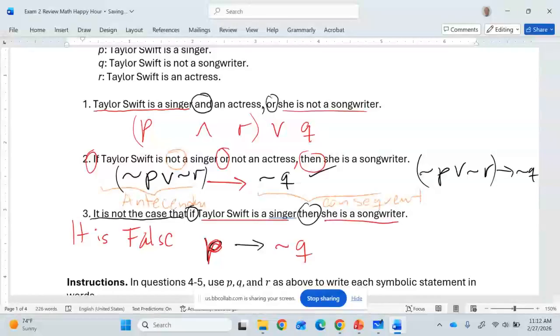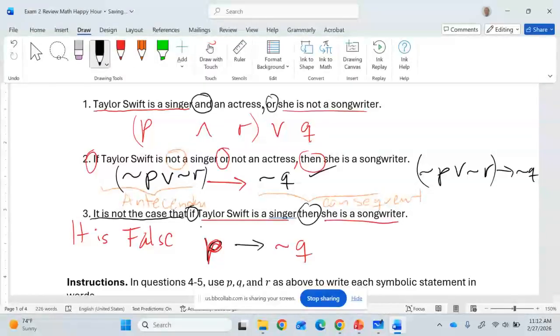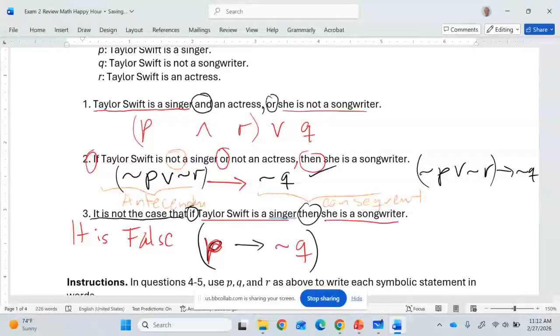So basically, you're trying to say the opposite of what I already wrote. So to do that, you're going to enclose all of this in parentheses and you put that wiggle line. Usually when a sentence starts like that, like it is not the case or it is false, everything else that you're saying is wrong. So you put the wiggle line, which is the negation, and then everything else in parentheses.